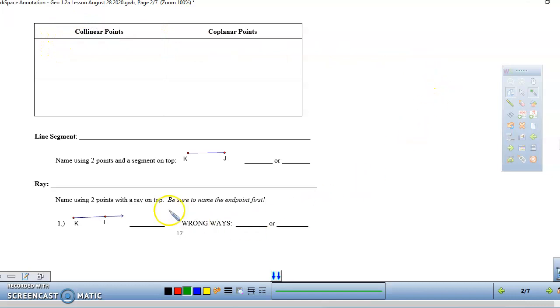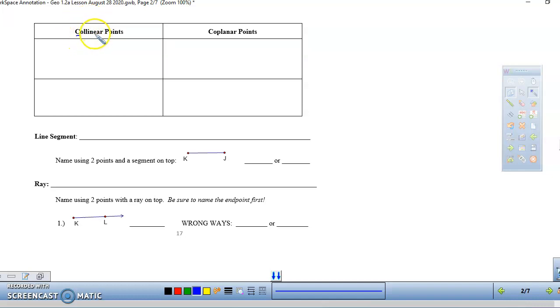Next, collinear. So collinear points. You have to look at that prefix co. So when you think about co-pilots, they are 2 pilots in the same plane. And we're talking about an airplane in that case.